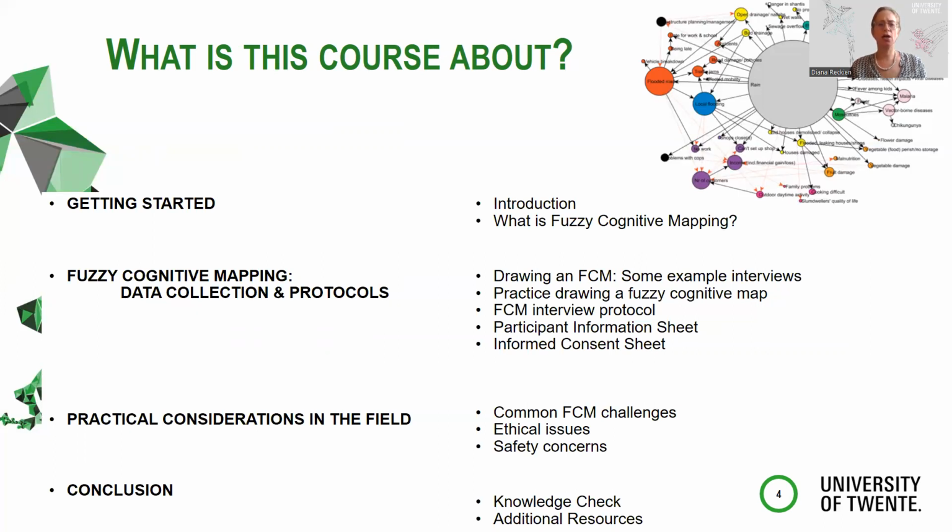Then in the second part on data collection and protocols, you will hear about drawing an FCM, some examples, practice drawing a fuzzy cognitive map, FCM interview protocol, participant information sheet, and informed consent sheet.